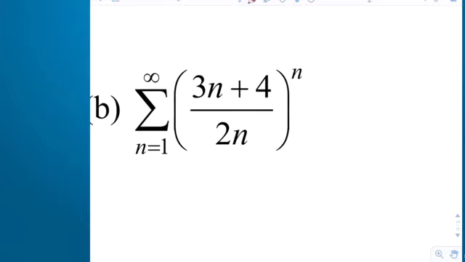So this thing diverges by the root test, but could you also kind of make the same argument by the nth term test? Yeah, you could, because the limit as n goes to infinity on the inside is 3 halves, and 3 halves to the infinite power, times 1.5 times 1.5 times 1.5, that gets infinitely large. So it can also diverge by the nth term test.